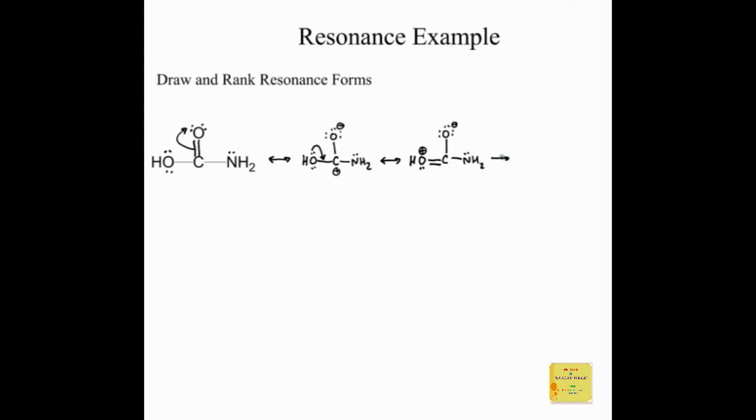Okay, there's actually one additional resonance form we can draw, one other Lewis structure that's possible for this. Do you see any other patterns that we haven't accounted for yet? How about having a lone pair that's next to a pi bond? This lone pair is allylic. Every time we have an allylic lone pair, that can be resonance where the lone pair comes in and the pi bond moves over.